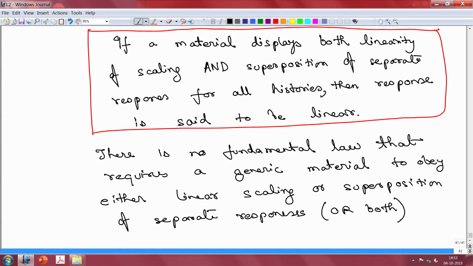Obviously, if there is no law which requires it to hold for either one, then it is even more implausible that it is going to hold for the other one. So, this is a very important idea, and we can see that if a material has to behave in a nonlinear fashion, it has many different ways in which it can behave.